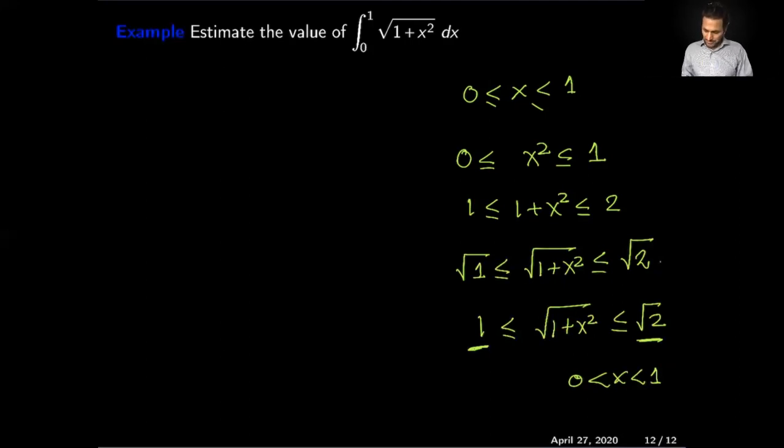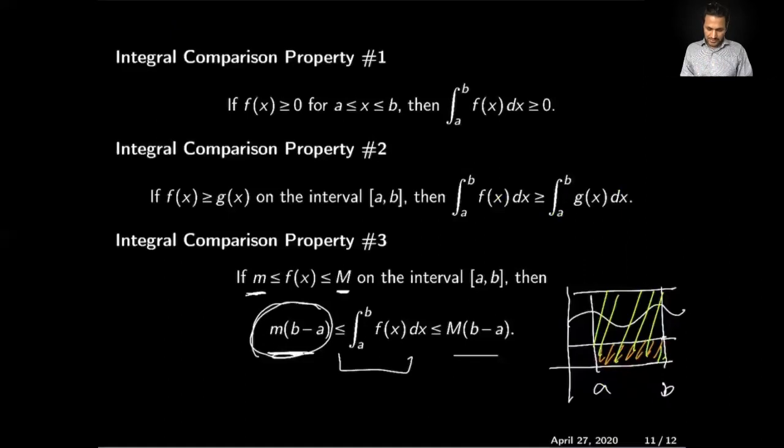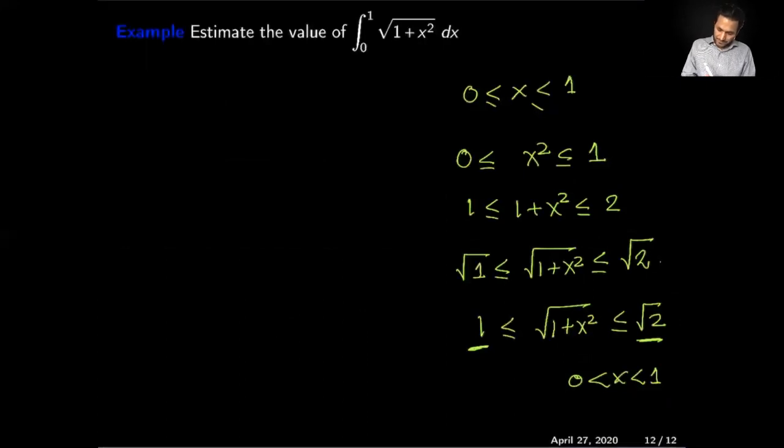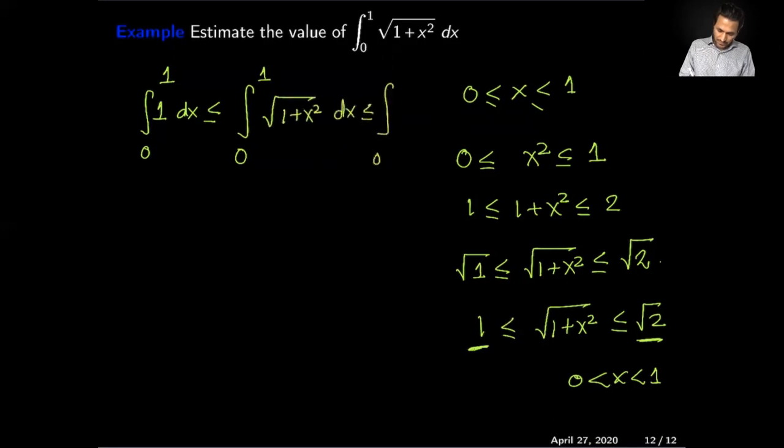Now I will use property number 3, which says that if the function has a lower bound and an upper bound, the definite integral will stay between the definite integrals of those bounds. So if I take the definite integral on both sides from 0 to 1, the integral of 1 dx is less than or equal to the integral from 0 to 1 of the square root of 1 plus x squared dx, which is less than or equal to the integral from 0 to 1 of the square root of 2 dx.